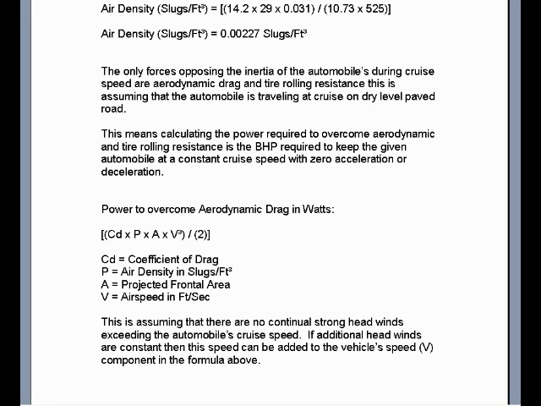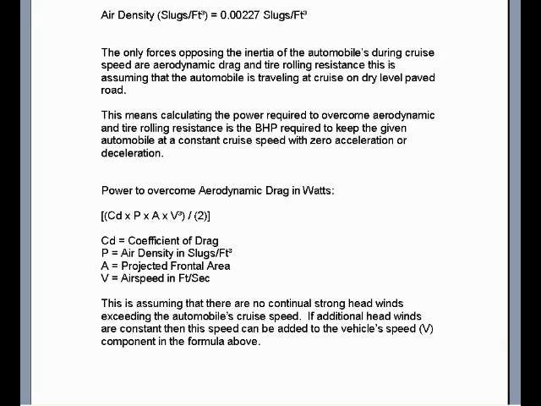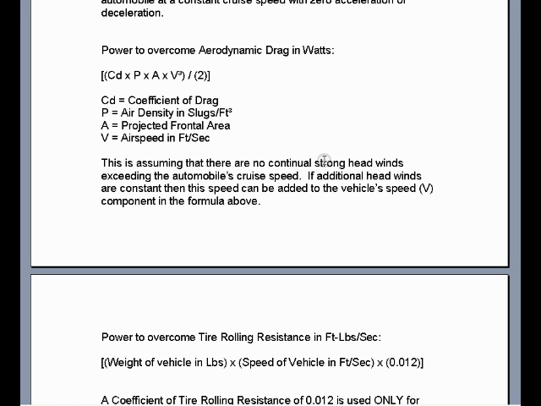So what we need to do is take the data that we've computed, the air density, we can now plug that into the formula required to calculate the power to overcome aerodynamic drag in watts. That would be the car's drag coefficient times the slugs per cubic foot air density times the vehicle's projected frontal area.